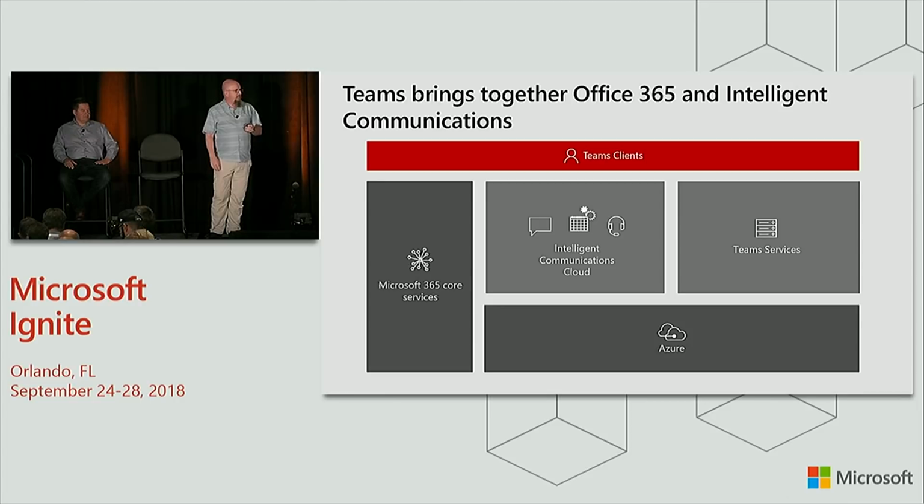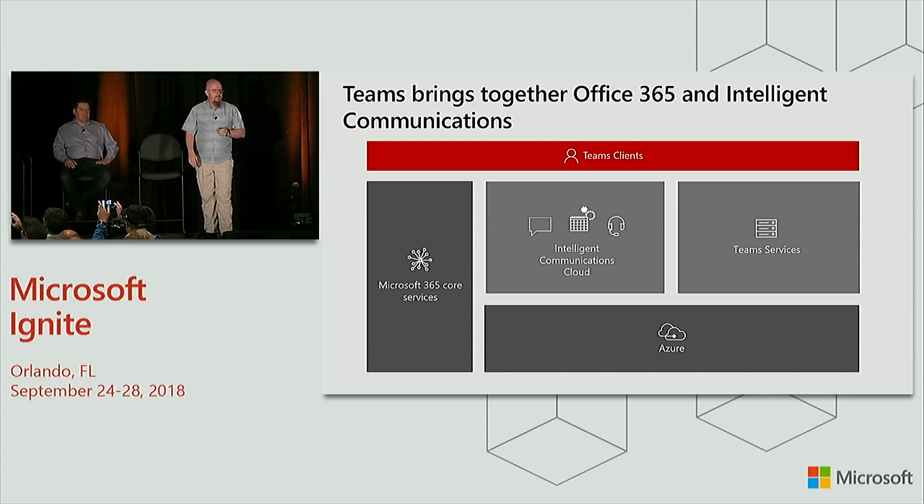Okay, so Mark's touched on some of the building blocks. We fit them into the Teams architecture itself, which falls into these big areas. We have the Teams client, which is the client that you're using on your desktop or maybe on your mobile phone. Behind that, Mark's talked about some of the Microsoft 365 core services, so systems like SharePoint, OneDrive, and so on.